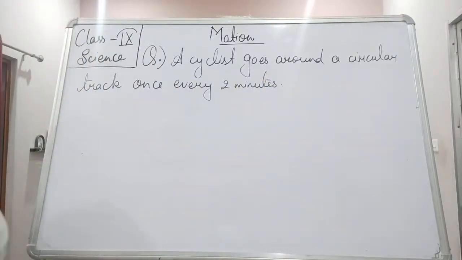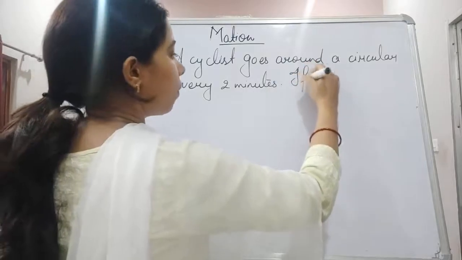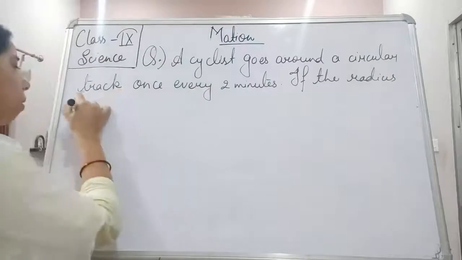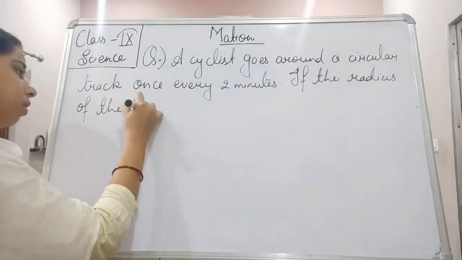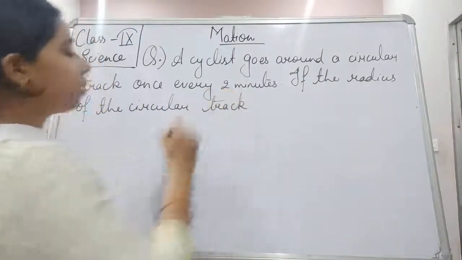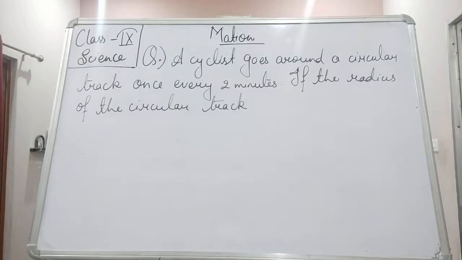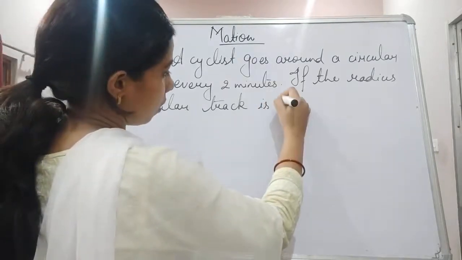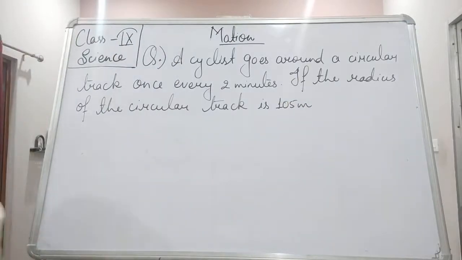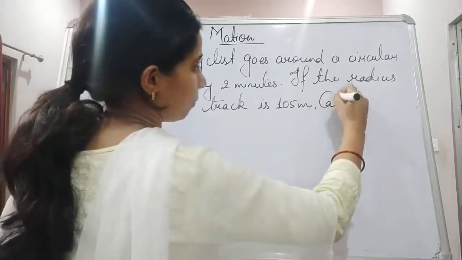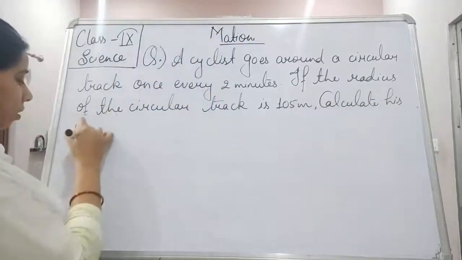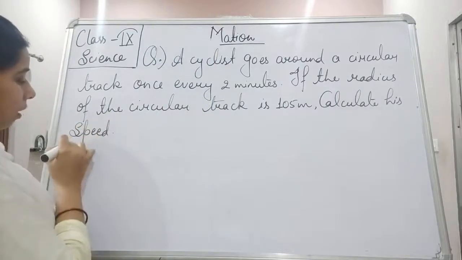If the radius of the circular track is 105 meters, calculate his speed.